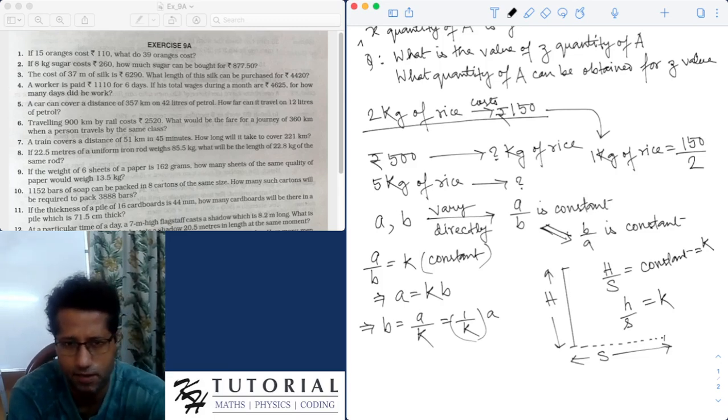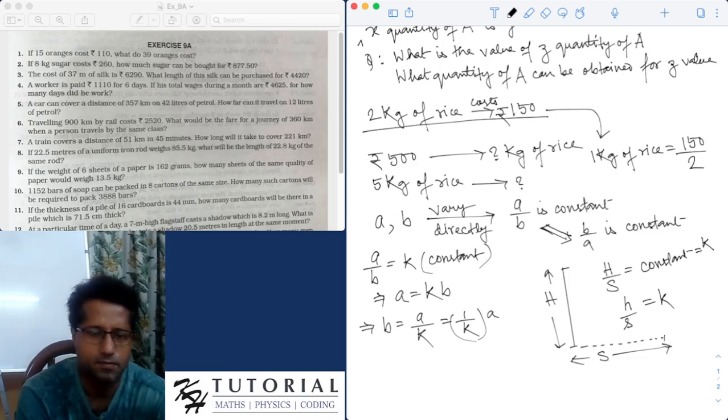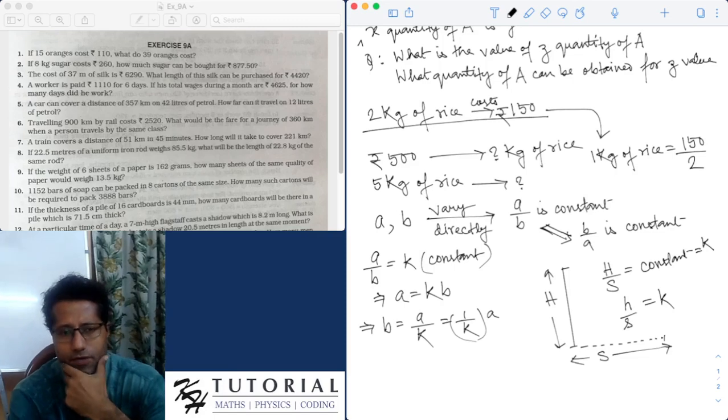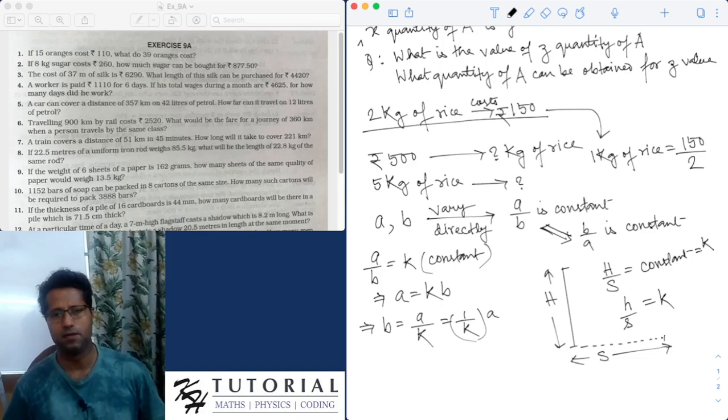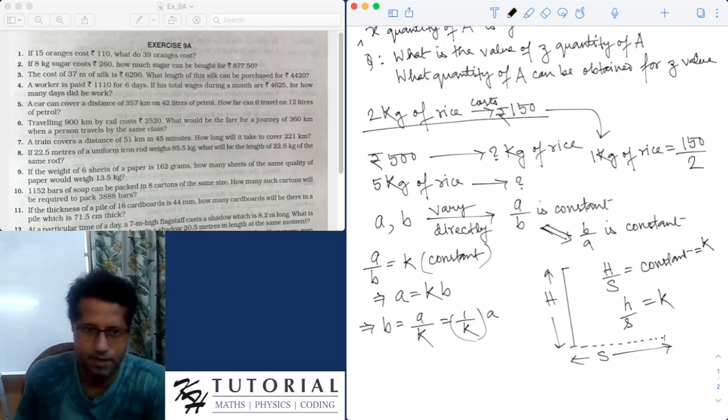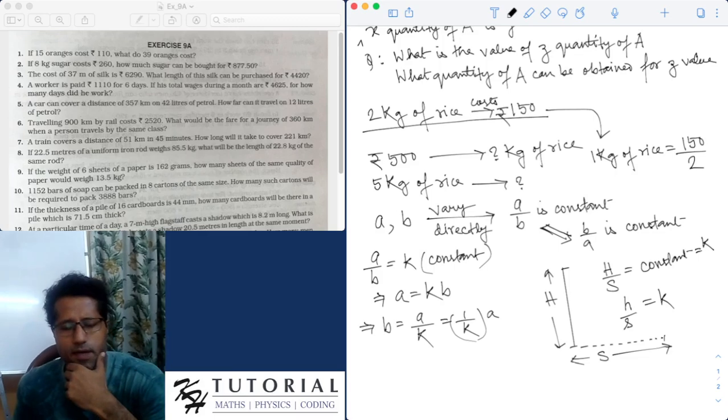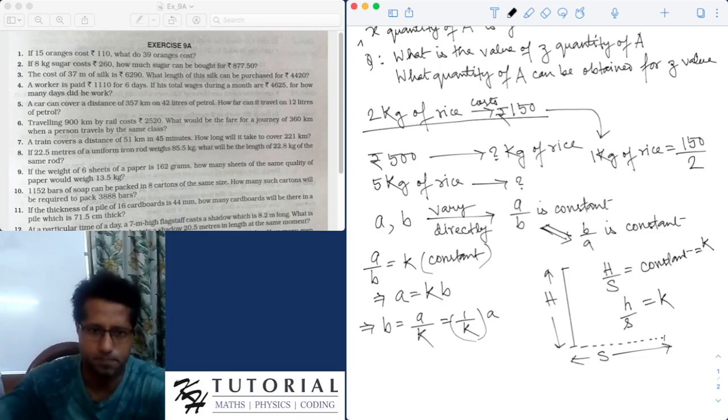If the vehicle travels for 1 minute, it will cover, let's say, 5 kilometers, and definitely it will cover more in an hour. So the distance traveled and the time duration of a vehicle running at a constant speed vary directly, or they are in direct variation or proportion.